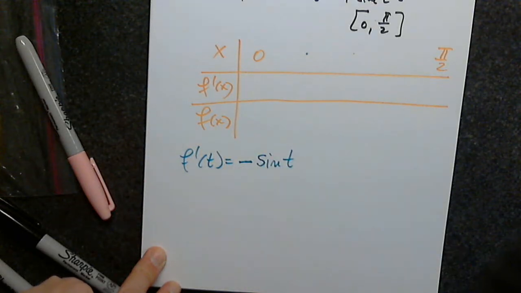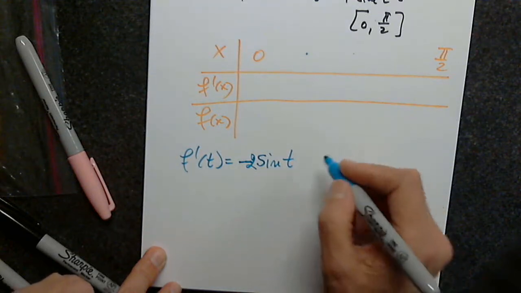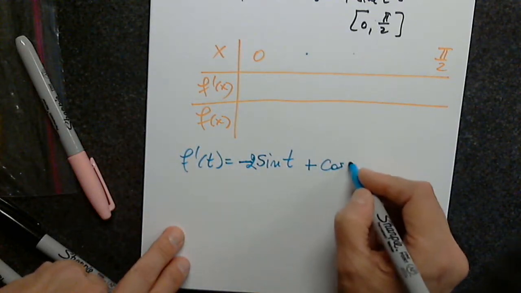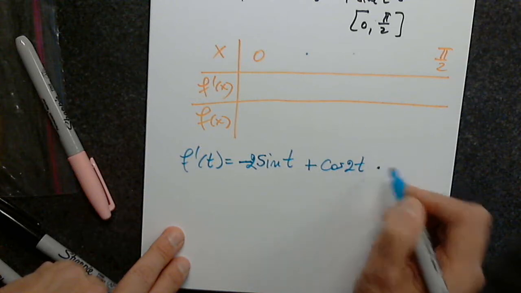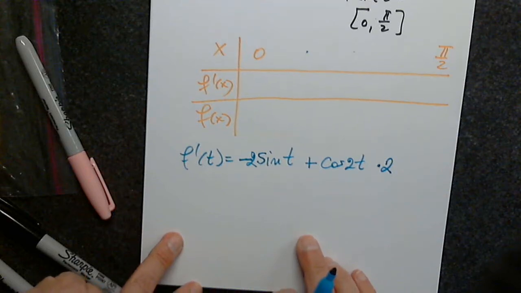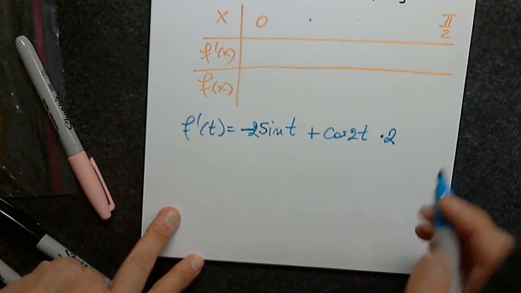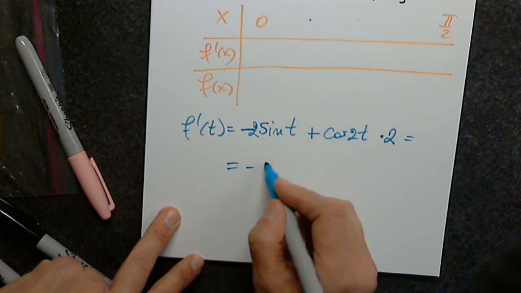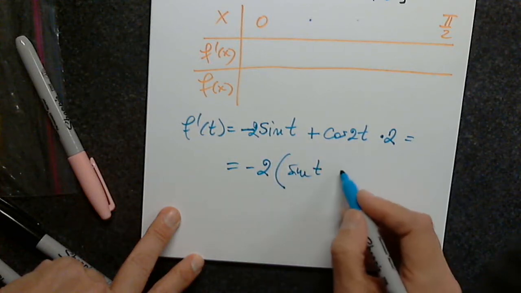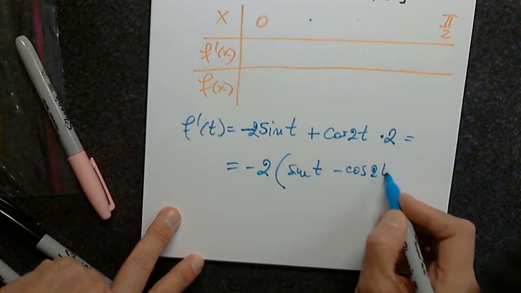This is a review for next week, right? So 2 cosine prime is negative 2 sine t, and then plus cosine 2t times the inner function prime. This will be negative 2 sine t minus cosine 2t, right?